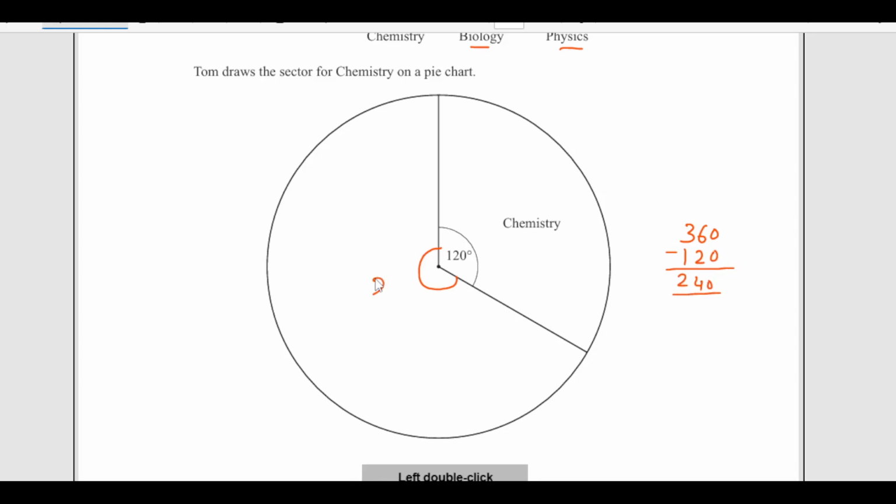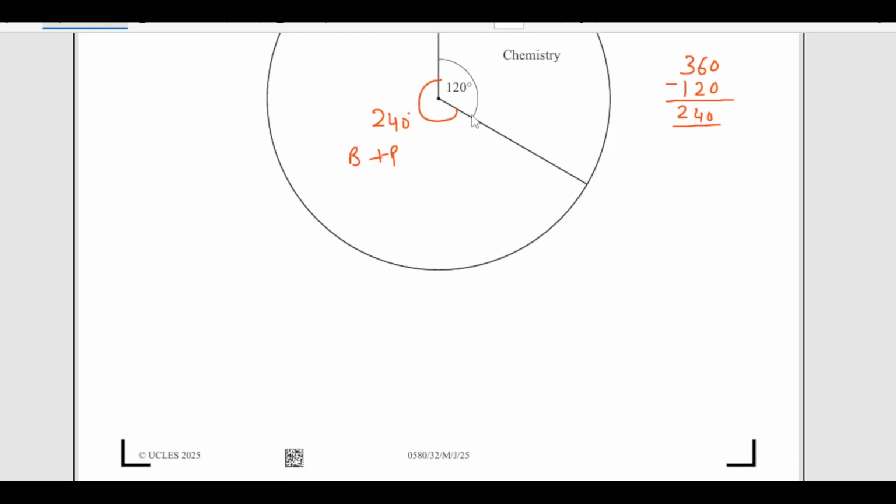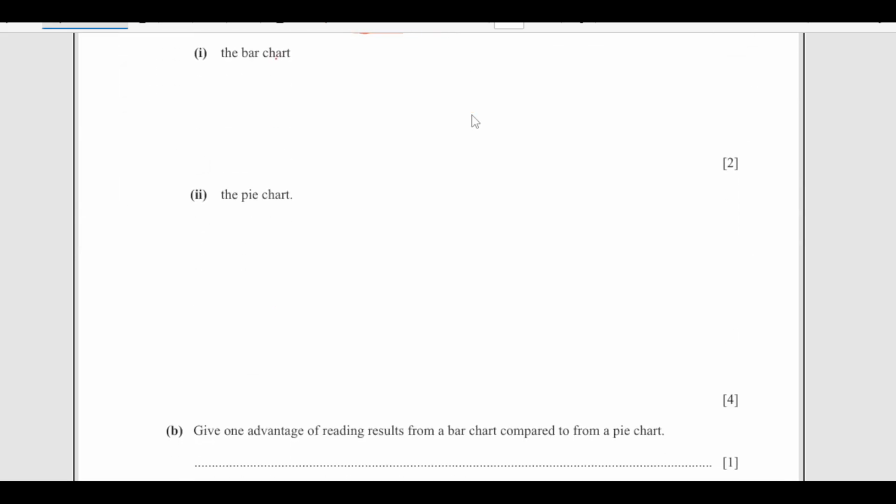So that means this is the angle for both biology and physics, right. The total of these frequencies is 9 and 7, so the total is 16.